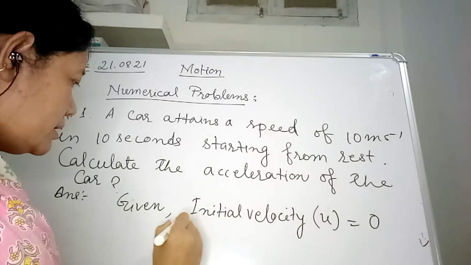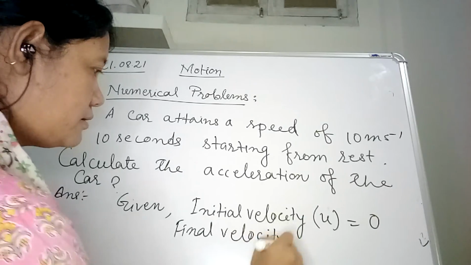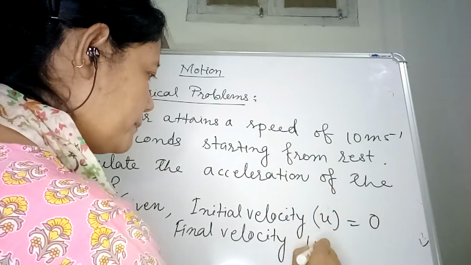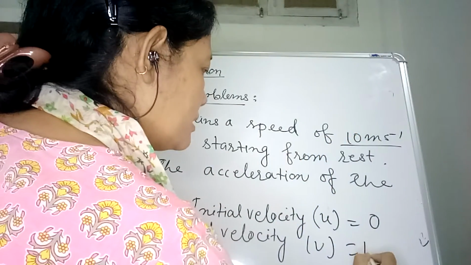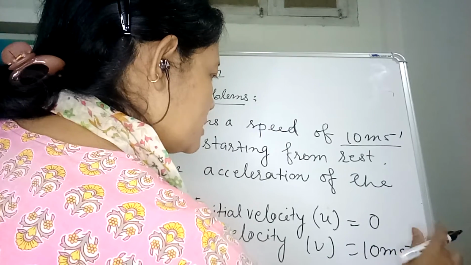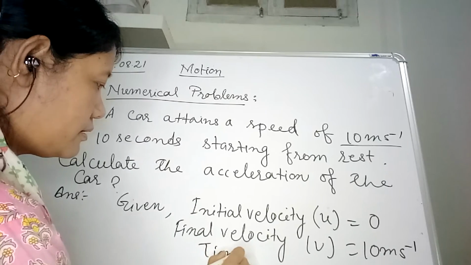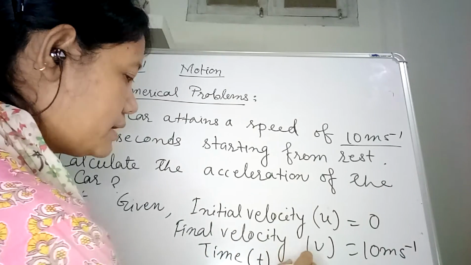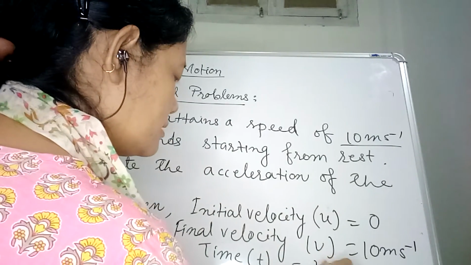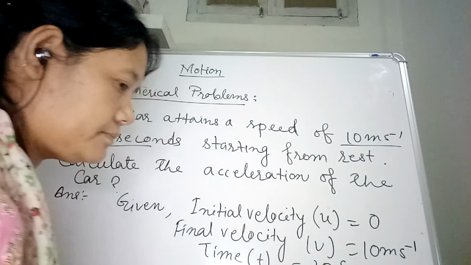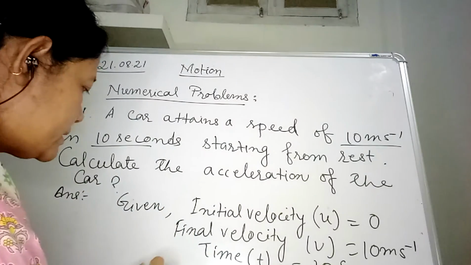Then final velocity v is equal to what is given, 10 meter per second. Okay, and time is also given. Time t is equal to, it is given how much, 10 seconds. Now we have to find out what, acceleration.